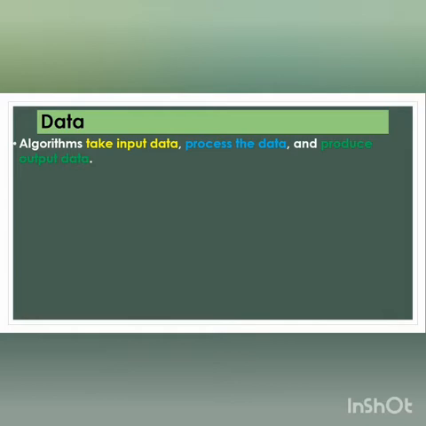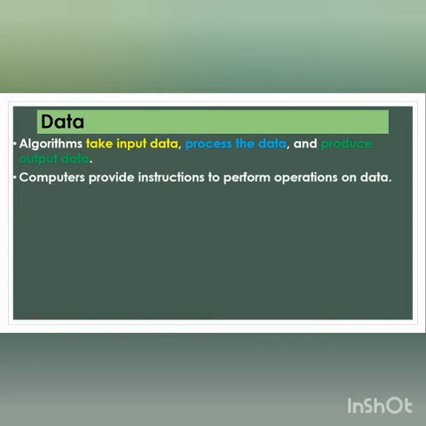So, algorithms take input data, process the data and produce output data. So, the user has to give data as input. The computer processes the data based on a certain set of instructions and it produces information, that is meaningful information, as an output. Computers provide instructions to perform operations on data.